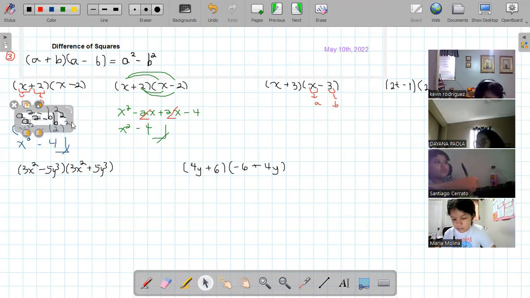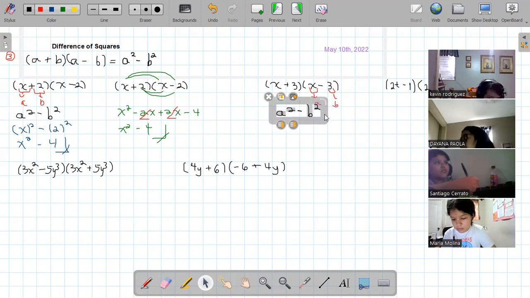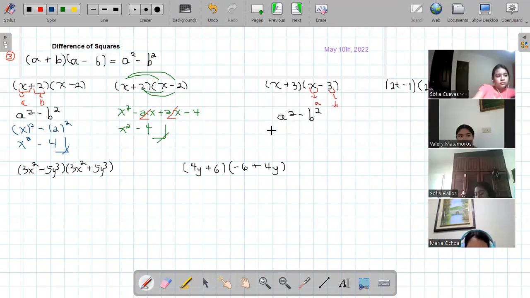So I'm going to copy my formula, and now I'm just going to substitute, okay? So instead of a, x, and that goes to the square, minus, instead of b, 3, and that also goes to the square. And now we just go ahead and simplify.